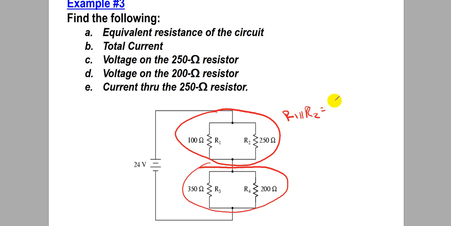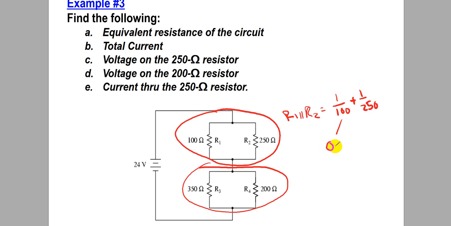So we add them up, put them in fractions. 1 over 100 plus 1 over 250. If you are not sure how to do fractions, just put them in decimals.